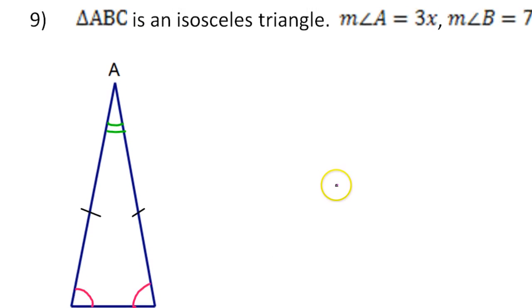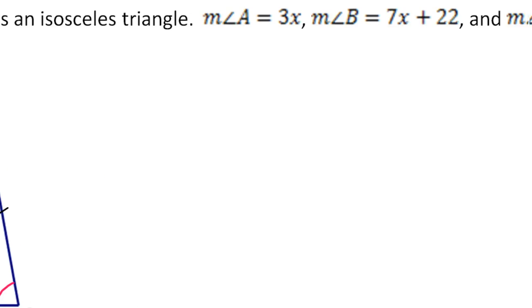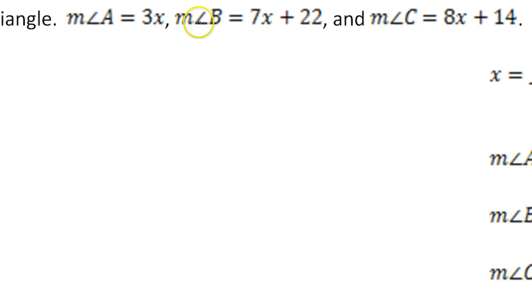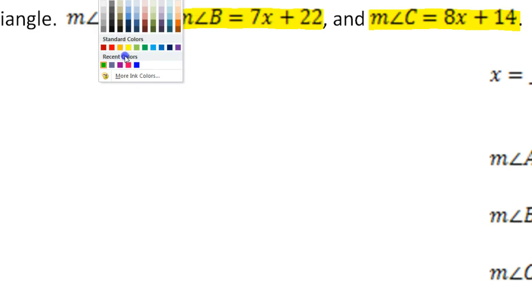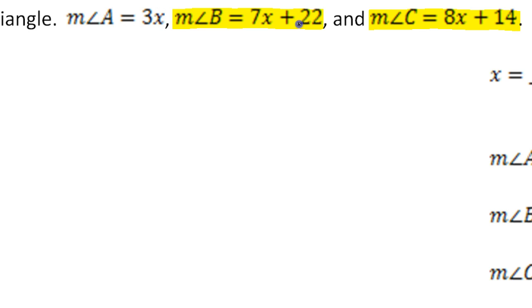So with that in mind, okay, see how we have these expressions for B and C. Alright, but these are congruent, so I should be able to set these equal to each other and solve. So, 8x plus 14 should equal 7x plus 22.